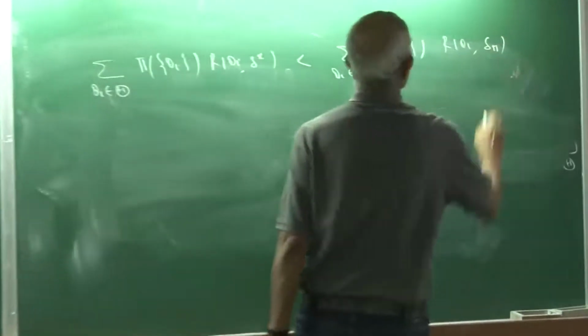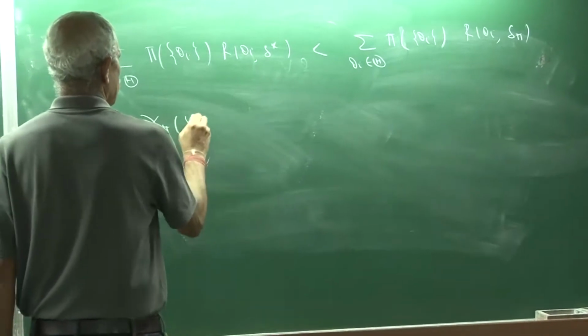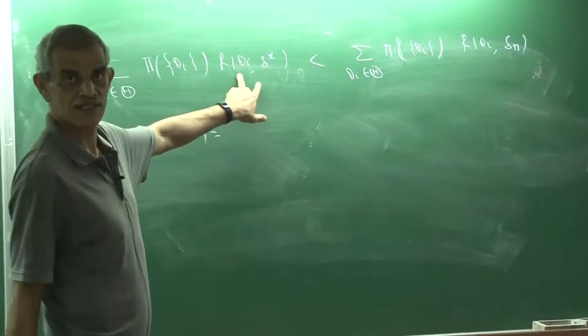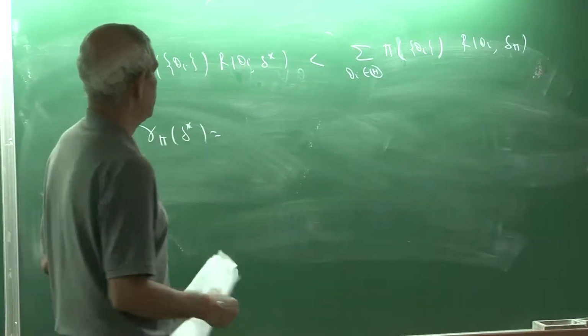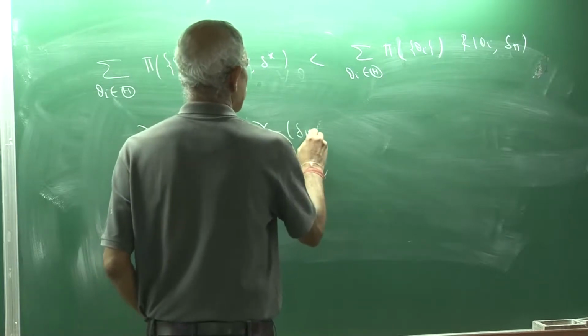But this is nothing but the Bayes risk of delta star, the average of r(theta I, delta star), theta being countable, which is less than r(pi, delta pi).